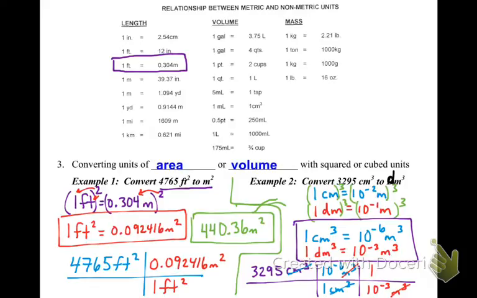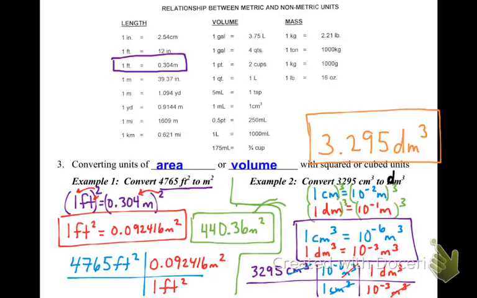Meters cubed crosses out. Our decimeter cubed goes on top. We multiply straight across. And in multiplying straight across, we're going to have 3295 times 10 to the negative 6 divided by 10 to the negative 3. That's going to give us a final answer of 3.295 cubic decimeters.